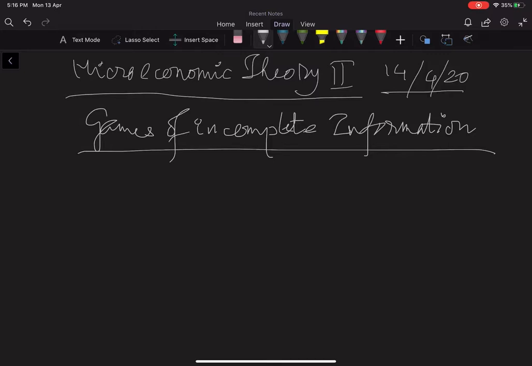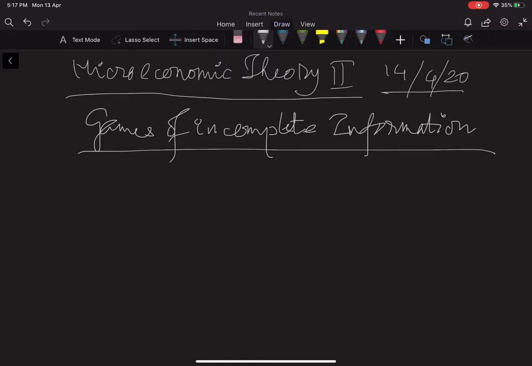So far in all the games that we have studied, both simultaneous move as well as sequential move games, there was no uncertainty about the payoff of both the players and the strategies that each of the players can take, right? So all the players exactly knew the entire game, right?